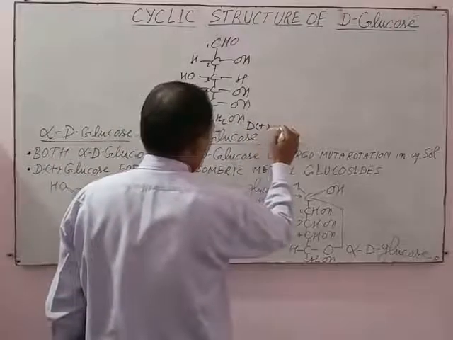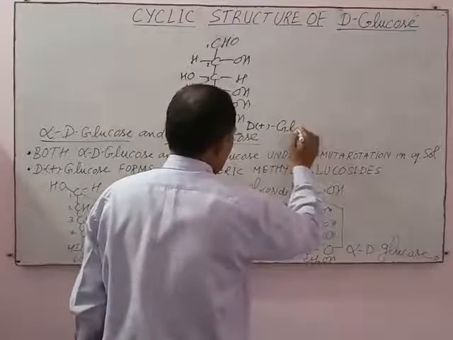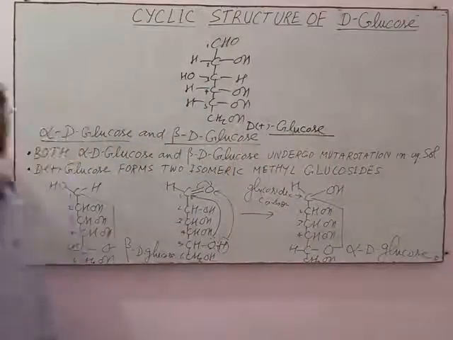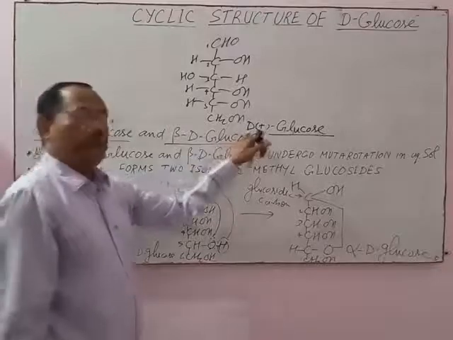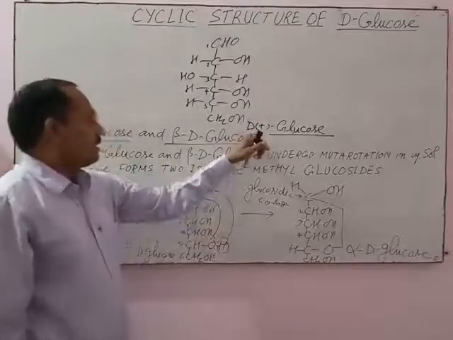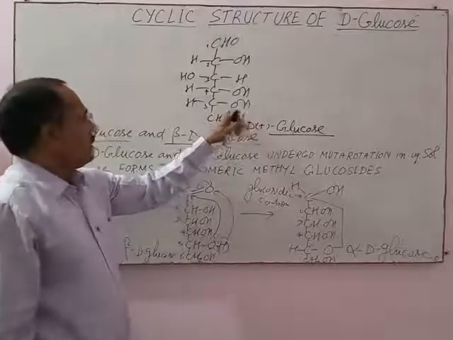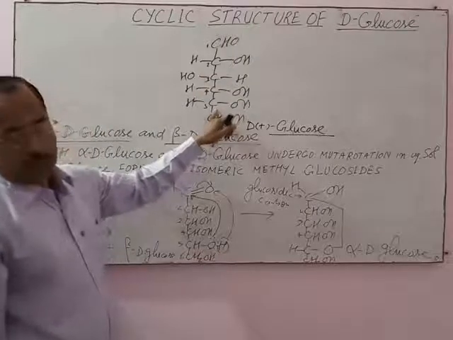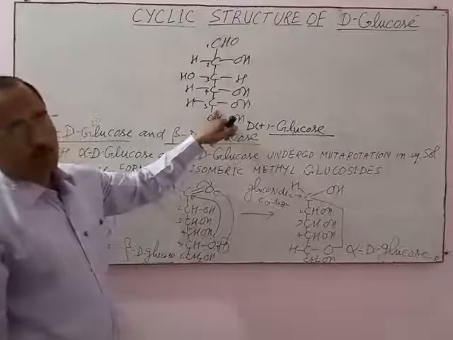This is the open chain structure of D plus glucose. D is the naming. It indicates that the OH group is present on the right side at the fifth carbon atom of the glucose molecule, which is the most distant asymmetric carbon of the glucose.